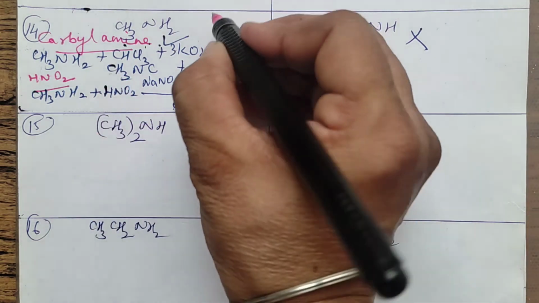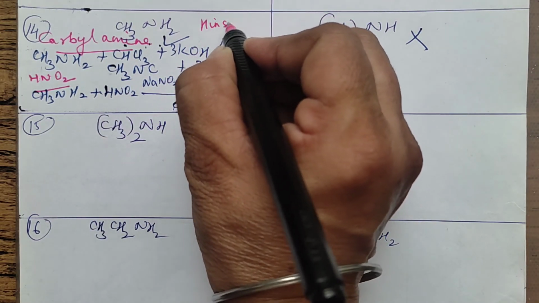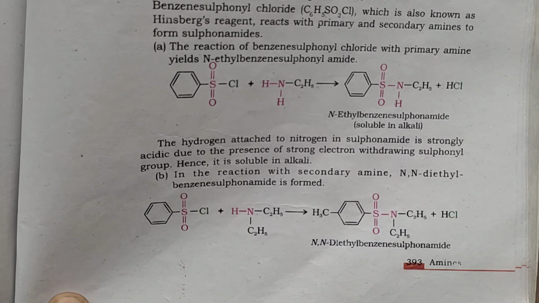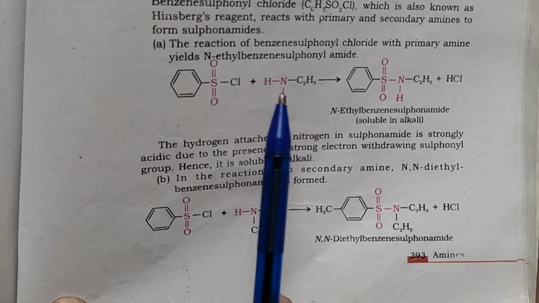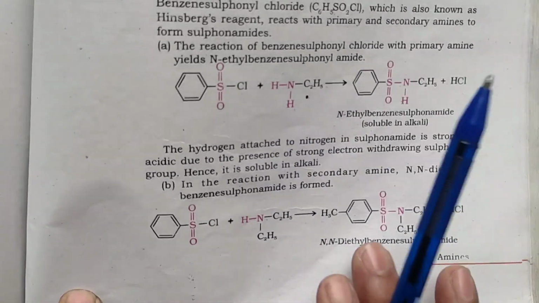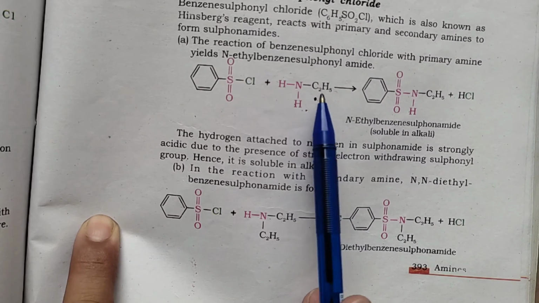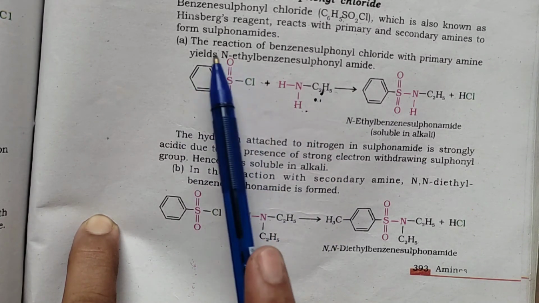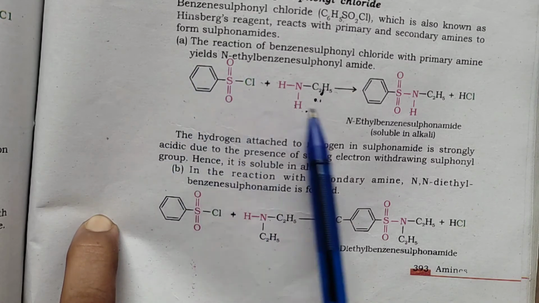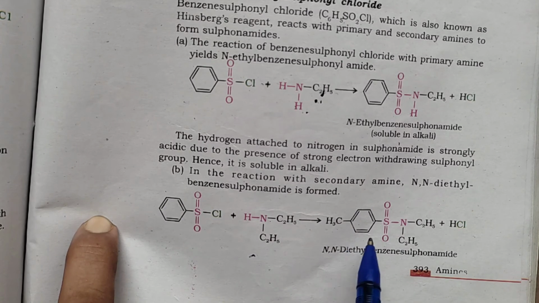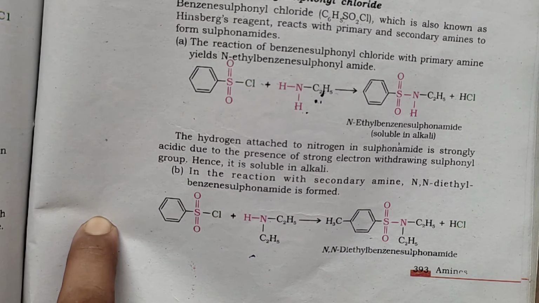Actually in this one you could have taken Hinsberg also, but because of lack of space I did not write it. Let me show you in the book itself. The only difference is I have given you methyl, here it is ethyl. If you are having methyl here, no problem. With benzene sulfonyl chloride, you will get a product which is soluble in alkali. If it is 2 degree, the product formed is not soluble in alkali.